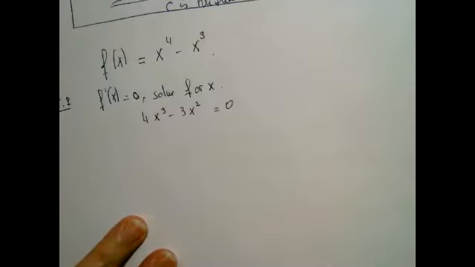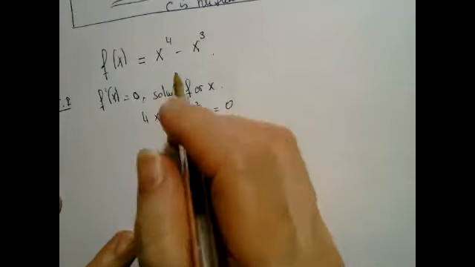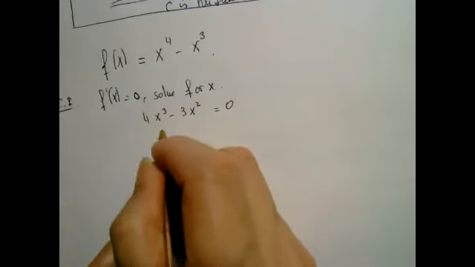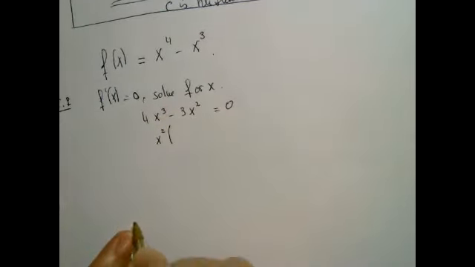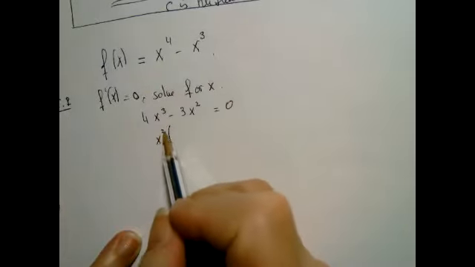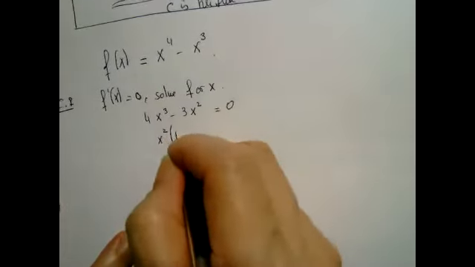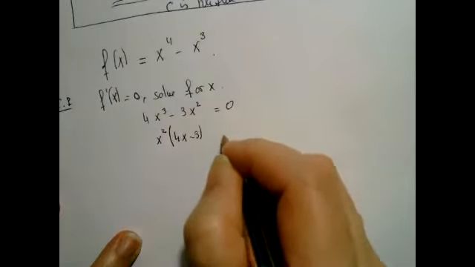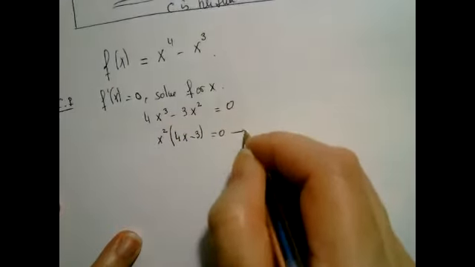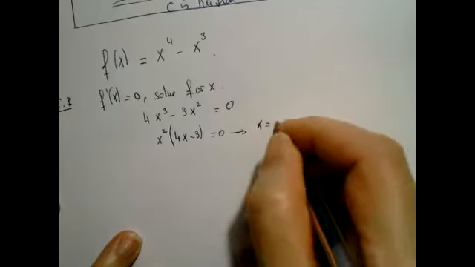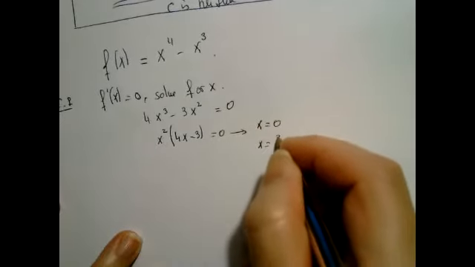Most of the time, solving is really factoring. So here, obviously, I can factor x squared. Especially the problems we give you are basically cooked, so you can factor them. x squared, and this will give me 4x minus 3. So this equal to 0 means x equals 0 and x equals 3/4.